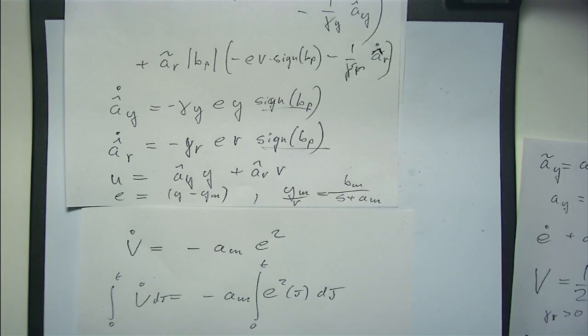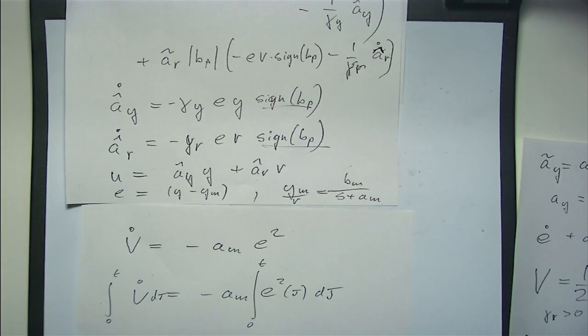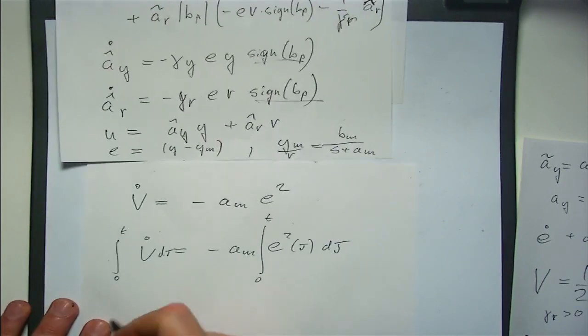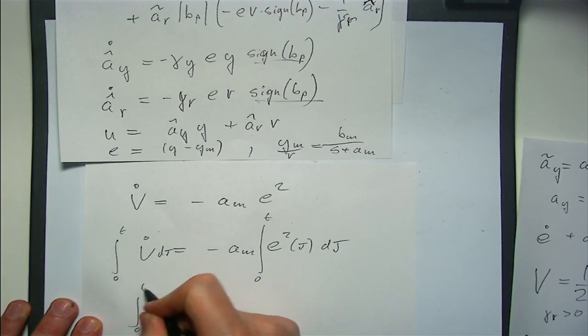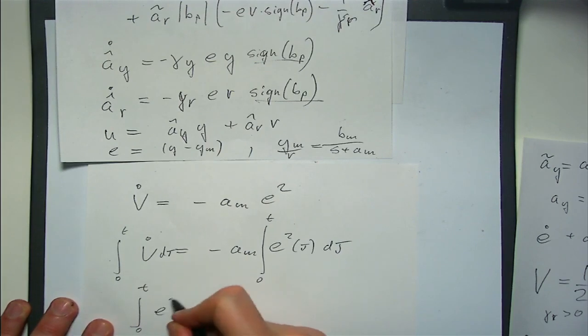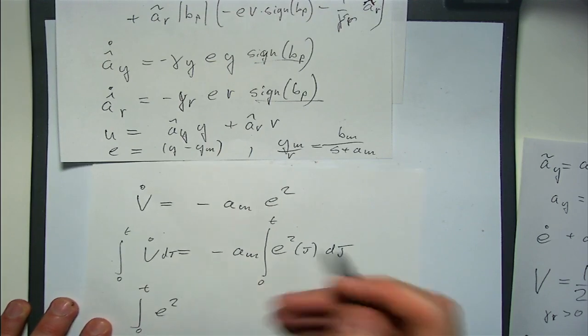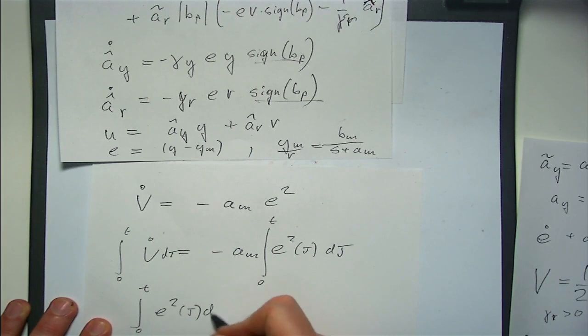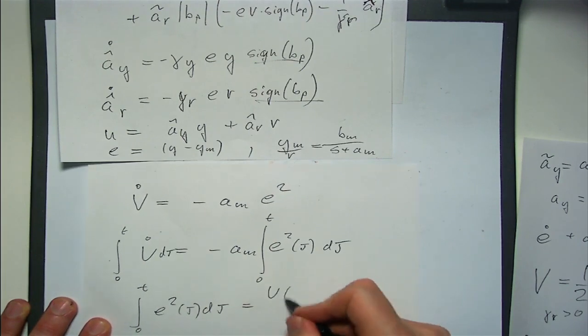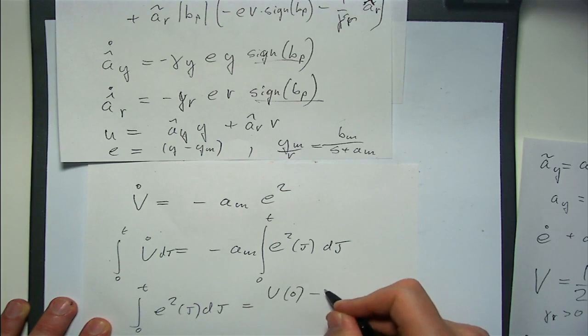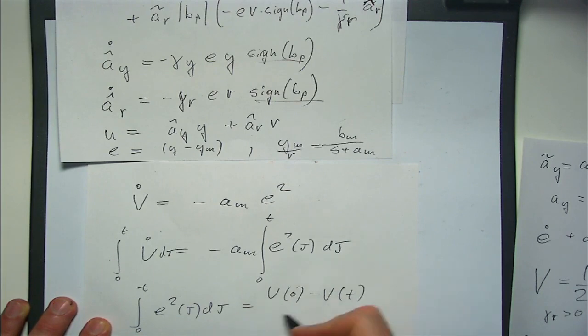And ultimately, you come up with the fact that, good, we end up with this kind of integral here. We have the integral from 0 to t of e squared, with the integration variable tau, and then v0 minus vt over am.